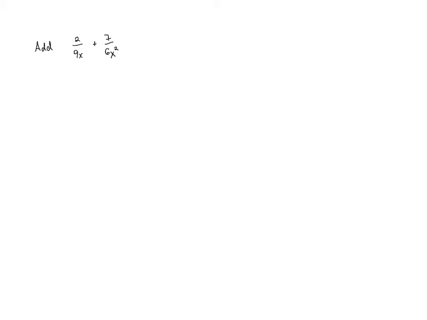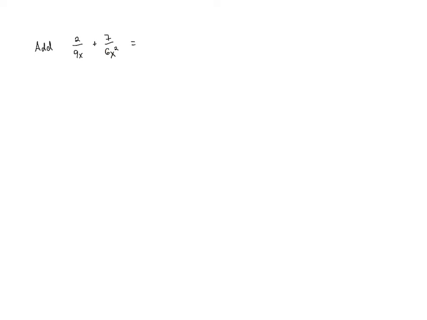Now, we're going to need a common denominator, and this is more challenging than problems we've looked at before because it's not just numbers in the denominator, we have variables as well. But what I want you to do is forget about the variables for just a moment and look at those coefficients, 9 and 6.